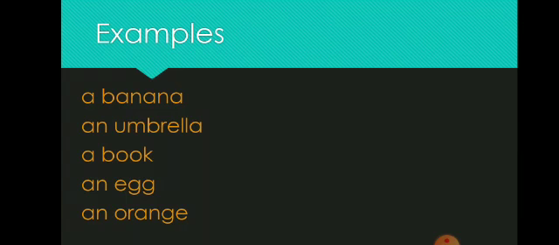Now let's see the examples. By these examples it will be easy for you to know where to put a and where to put an. Example, a banana. Banana is a noun, the name of a fruit, and it is in singular form. Don't forget, a as well as an is used before singular nouns.